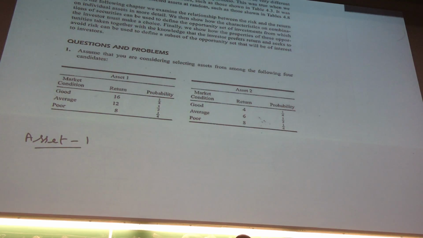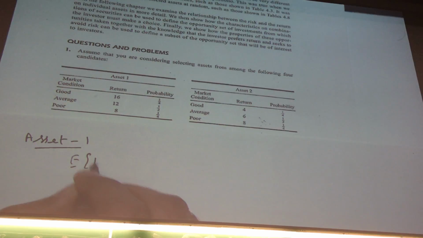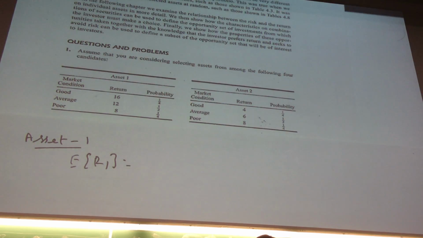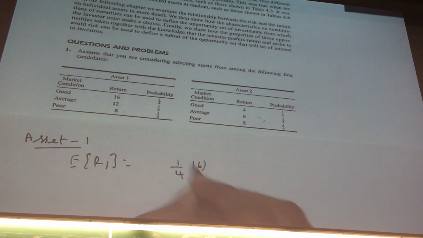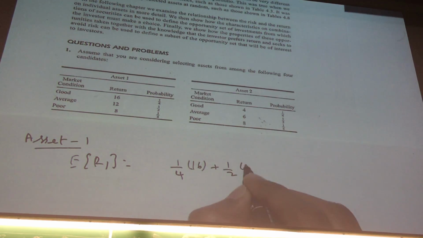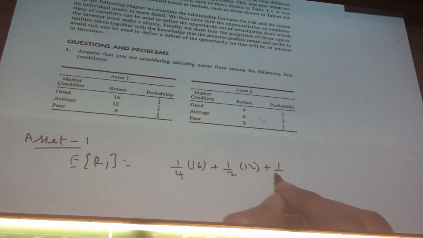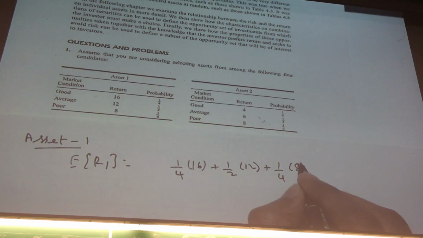They're basically asking you to find the expected return of the first asset, and we have already understood that it is the expected value: half times 12, 1/4 times 8, so you get the expected return.